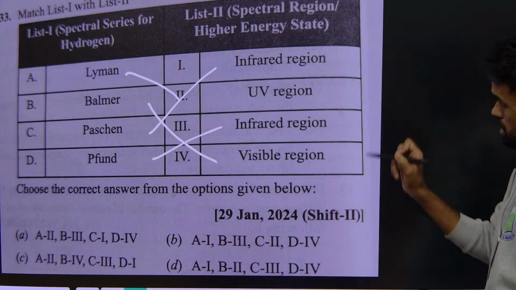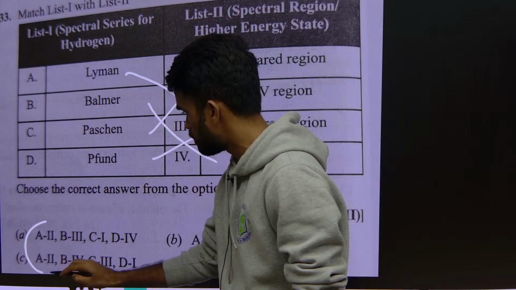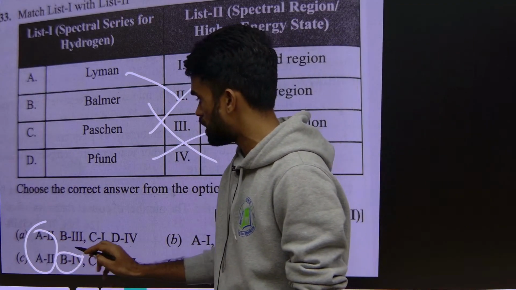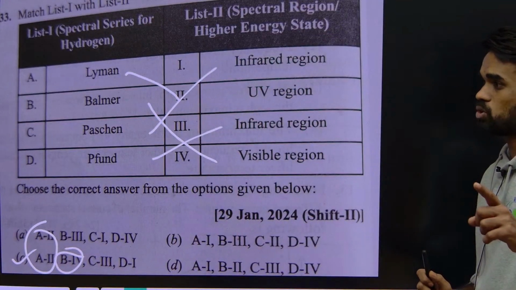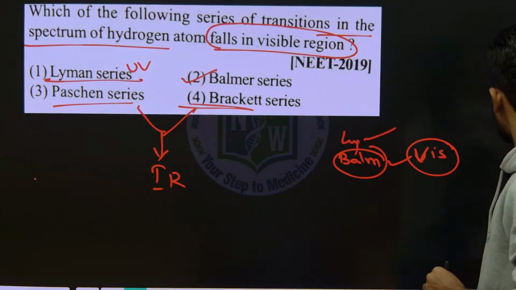Based on this, where do we have A2? A2 is there here, and B4 is there only in the third option. So option C will be your answer for the question. Hope this is also clear. If it is clear, let us move forward with a few more questions.